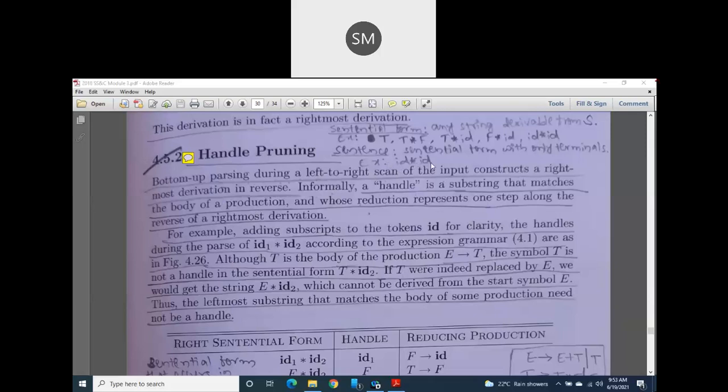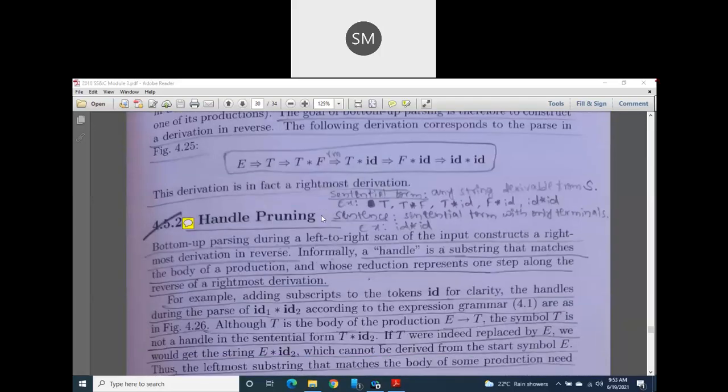And in id star id, right, the second id is also a handle. It means that any substring which is matching the body of your production and whose reduction represents one step along the reverse of a rightmost derivation. The reverse of a rightmost derivation is here. Here you come to this example. id star id is your input string.